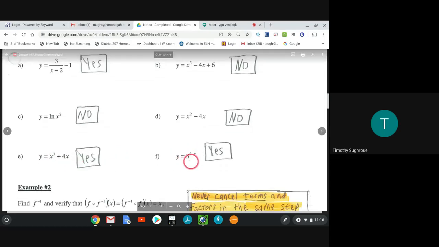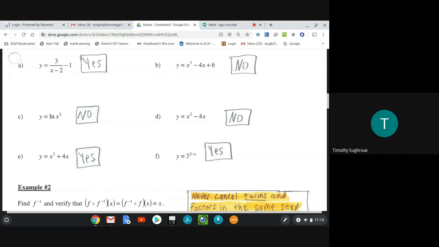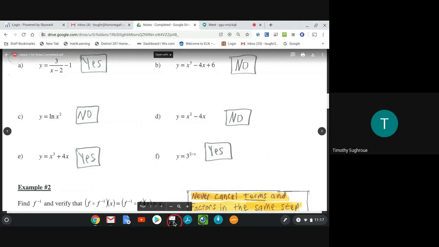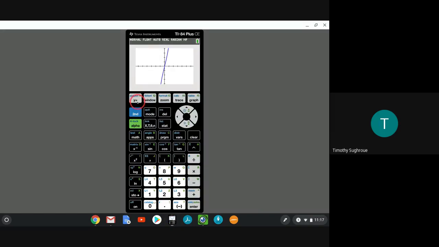Exponential functions typically have inverses, just like logarithmic functions do. We can graph this, 3 raised to the 2 minus x. Let's just take a look since we've done this. Y equals, clear this out, 3 raised to 2 subtract x.